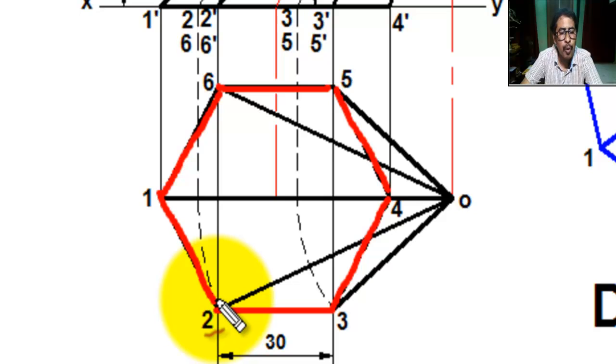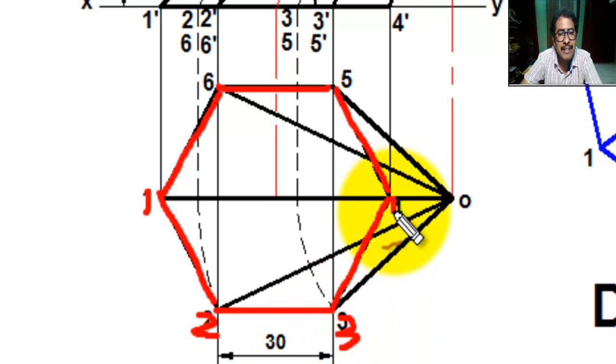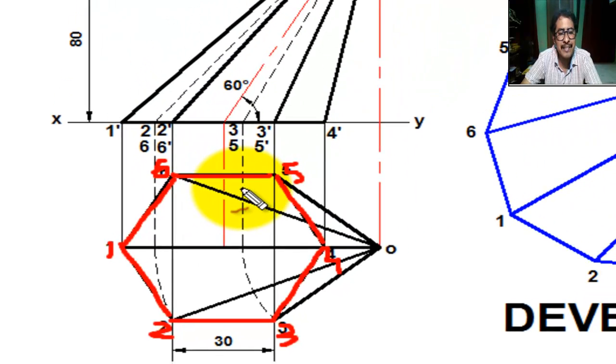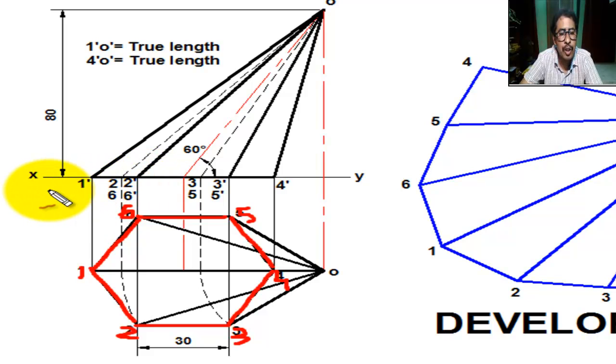Now we mark the base edges: this is 1, this is 2, this is 3, this is 4, this is 5, this is 6, and draw the XY line, mark as X and Y.